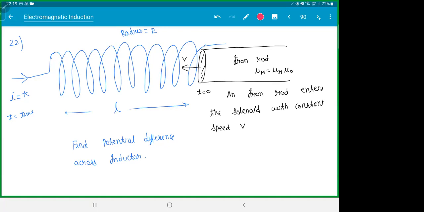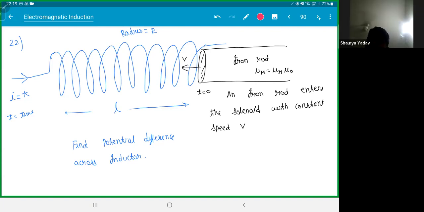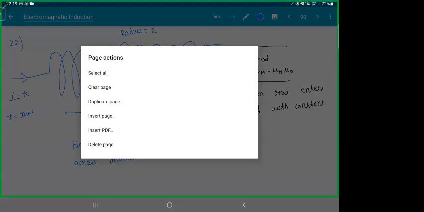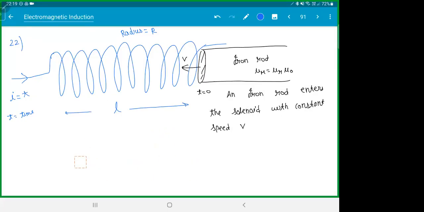Any ideas? Change in length, you have to put v. See, we will divide the whole thing into two parts.